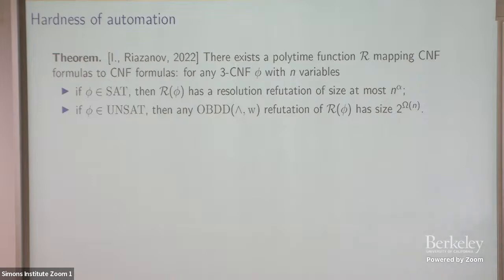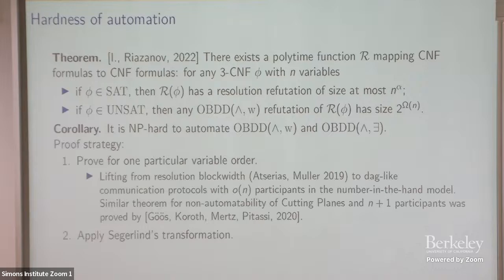Now, the proof strategy for the corollary that it is NP-hard to automate is more or less standard and follows the Atserias-Müller paper. First of all, we prove this transformation for one particular variable order, and after it we apply the Segerlind transformation. And how to prove it for a particular order is similar to the automatability of cutting planes.